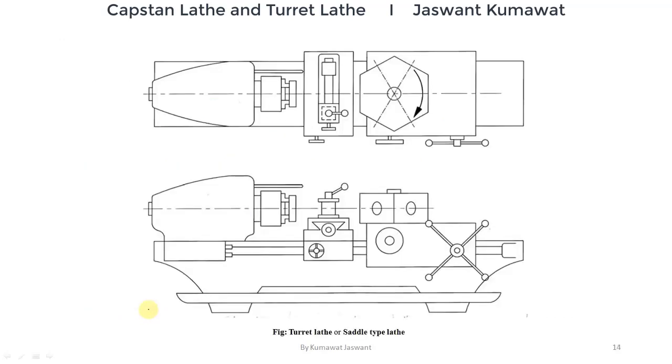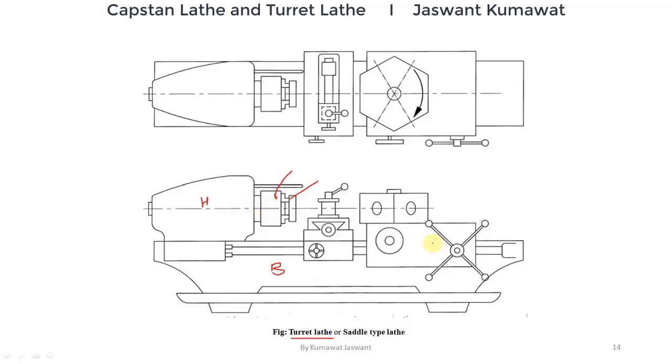The turret lathe can be understood by this diagram. Here this is the bed. On the left side of this bed, this is the headstock. This headstock consists of the driving mechanism as well as the spindle. This is the guide bar or pilot rod, and this is the chuck or work holding device. This pilot rod or guide bar provides additional rigidity to the spindle.